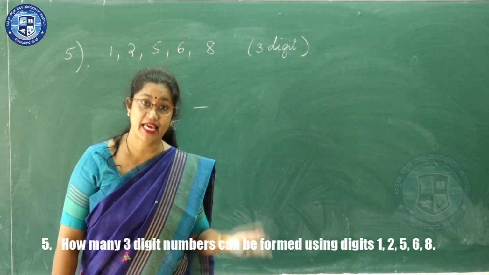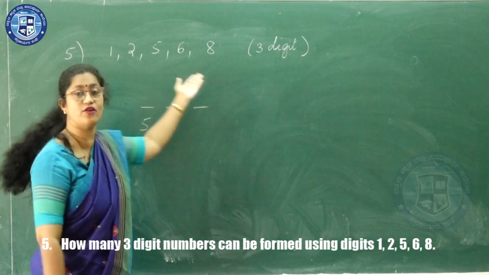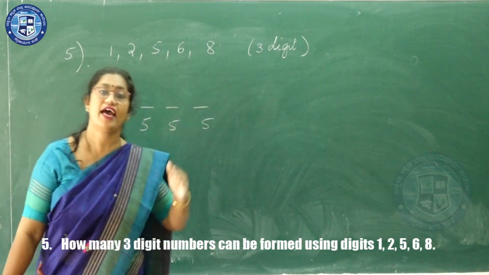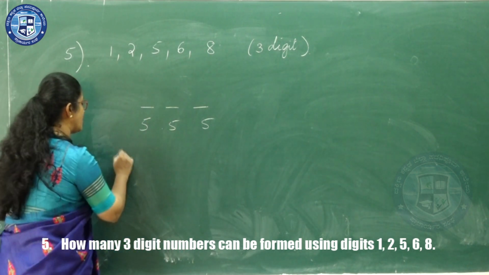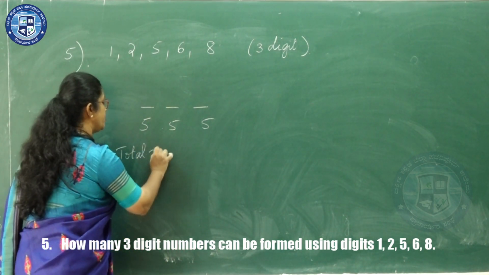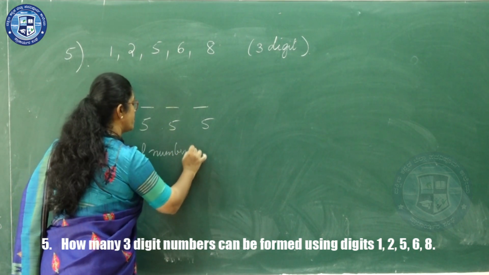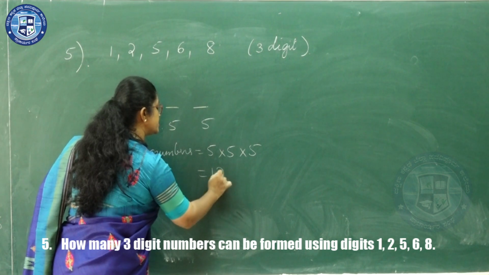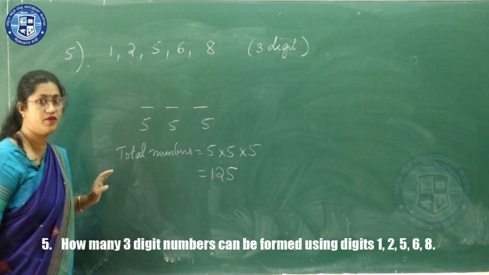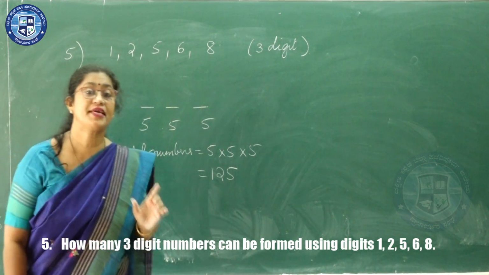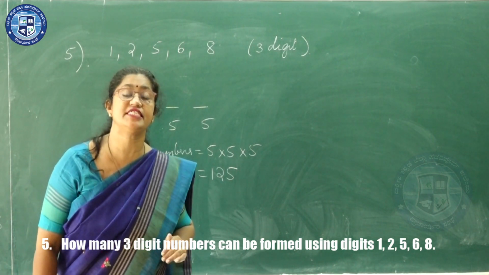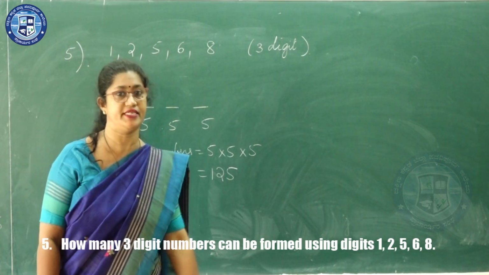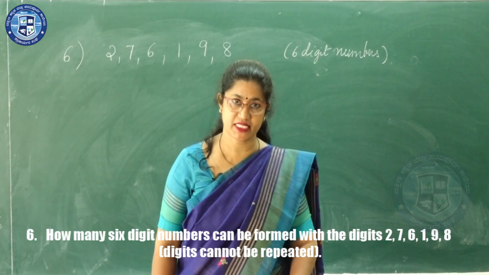Again, since I can repeat the digits, I can use any one of the 5, and this also has 5 choices, and therefore the total numbers is equal to 5 into 5 into 5, and that is 125. Note this sum. Because it was not mentioned that digits cannot be repeated, we have used the logic where we could repeat the digits.